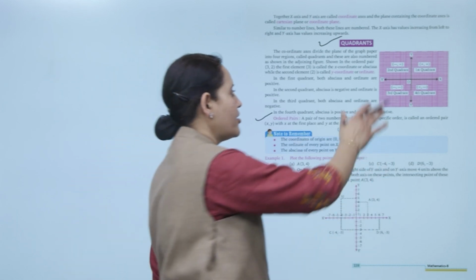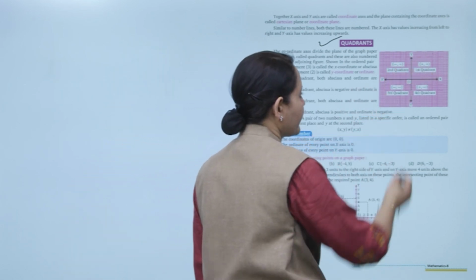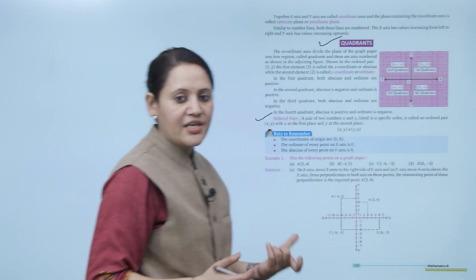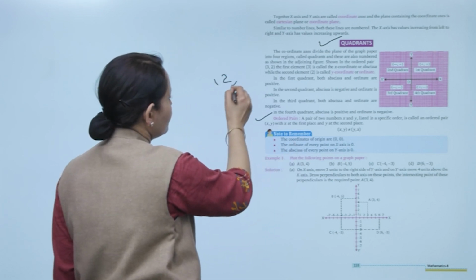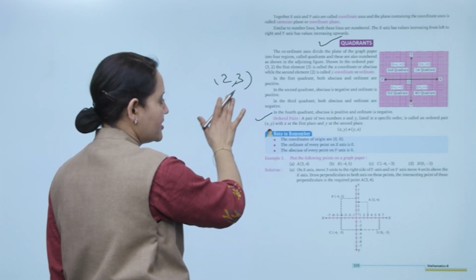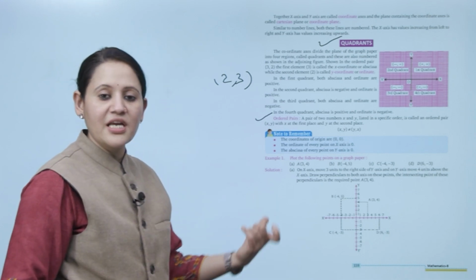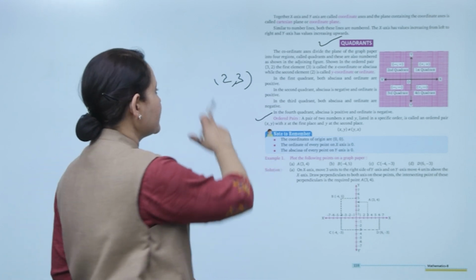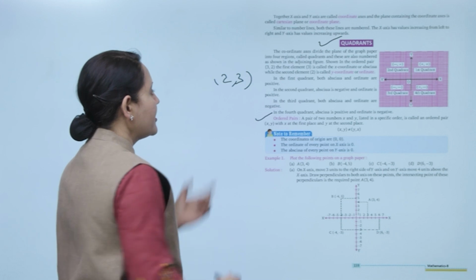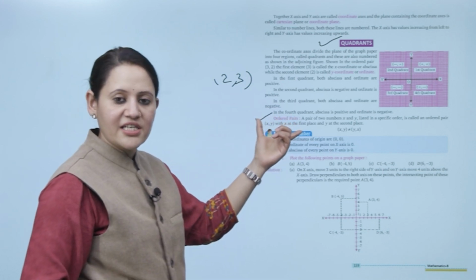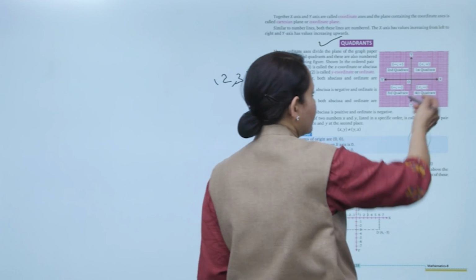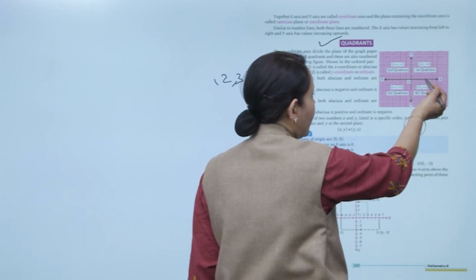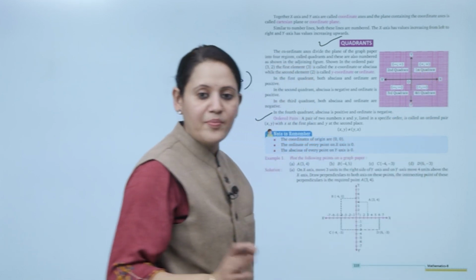So if we talk about the first quadrant, whenever we write numbers like 2 and 3, a pair of numbers, we write in order. So the first number always represents the x-axis value, or abscissa. The second number represents the y-axis value, that is the ordinate. Clear?